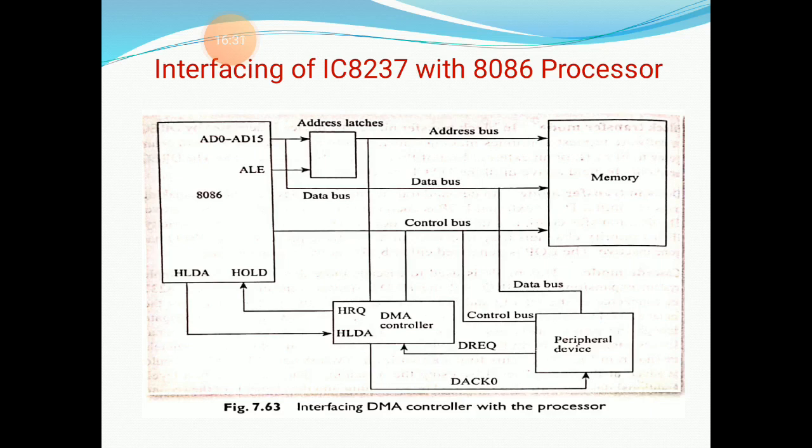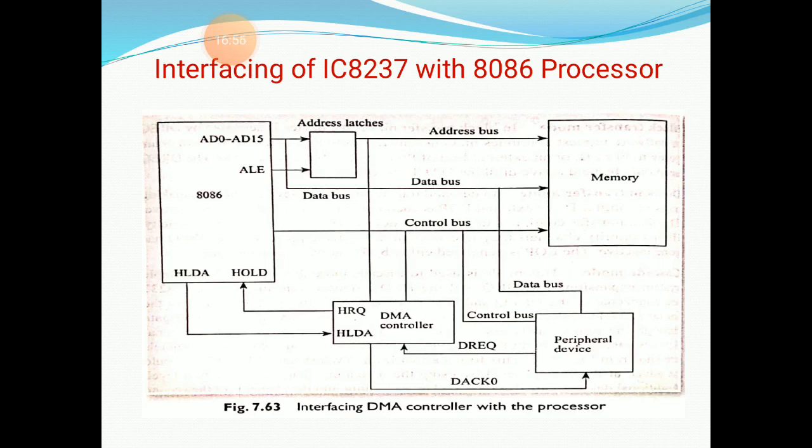If the peripheral transfers data to the memory, the DMA controller generates the IO read signal and memory write signal to enable the operation. Or if data is transferred from memory to peripheral, the DMA controller generates the memory read signal and IO write signal.